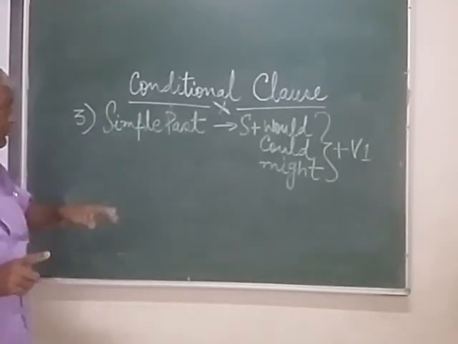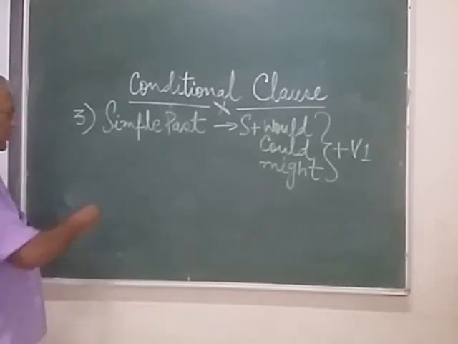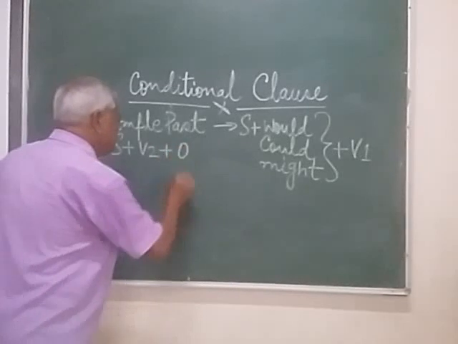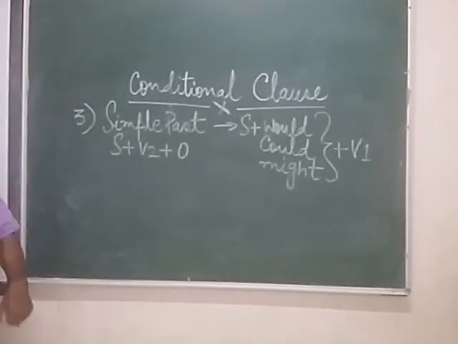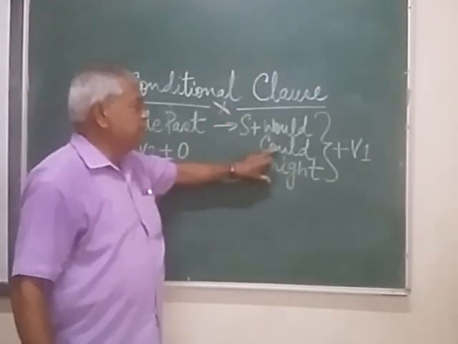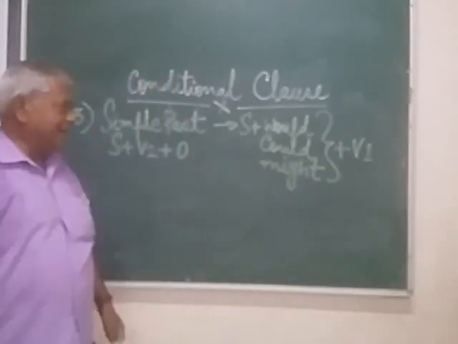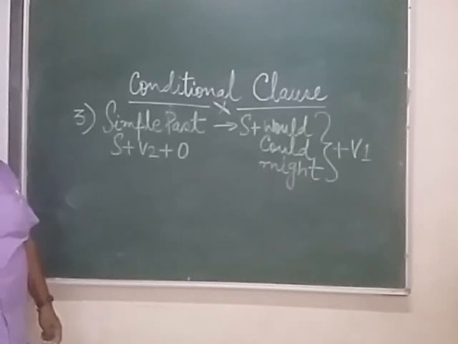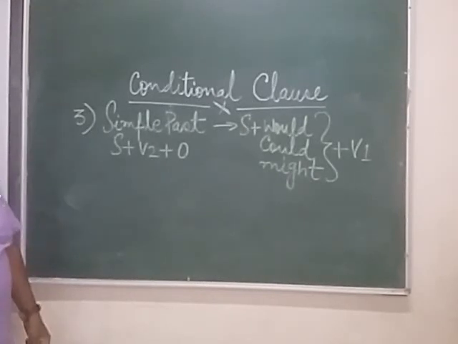First sentence will be of simple past. What is the formula? Subject, V2, object. This is the tense. The next sentence will follow the pattern: subject plus would, could, might, plus V1.